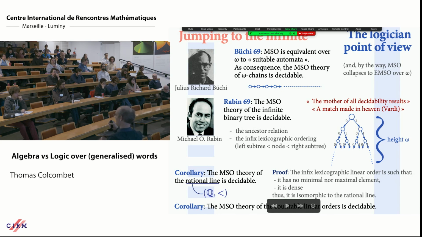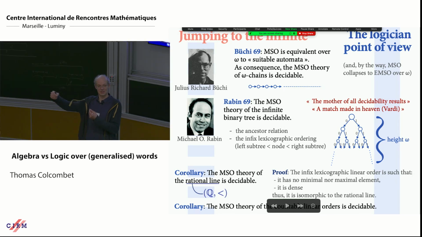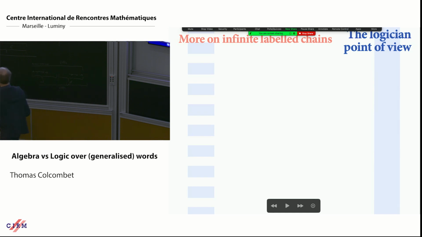You just write a formula that first guesses the subset of the rationals and then expresses the formula you care about on it. And in the same way, here we are talking about linear orders, but it could be words, because a formula can also guess the labeling by letters of each position. So that's one power of monadic second-order logic, that you can guess subsets and guess labelings. So a lot of problems turn out to be equivalent.